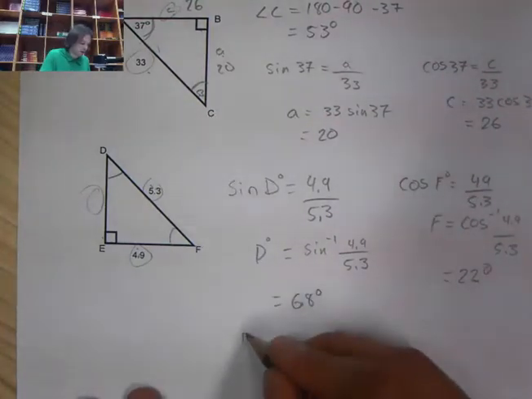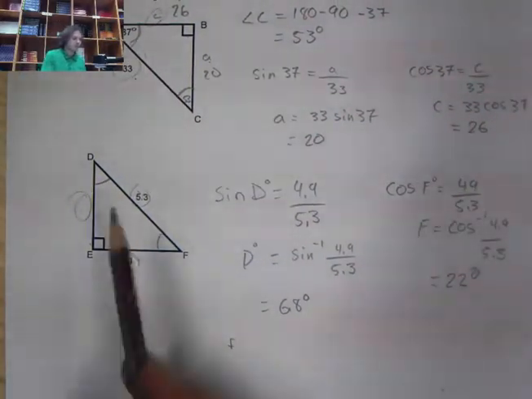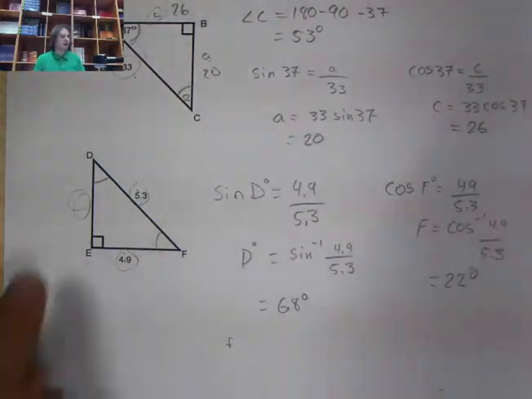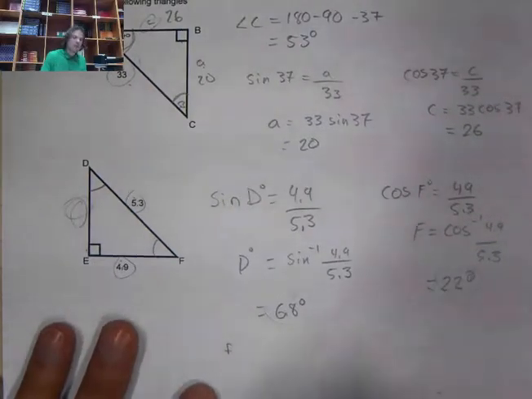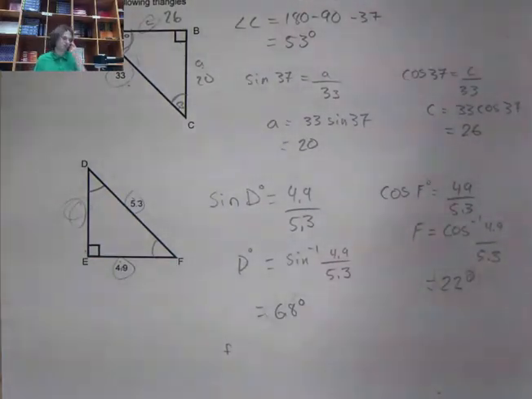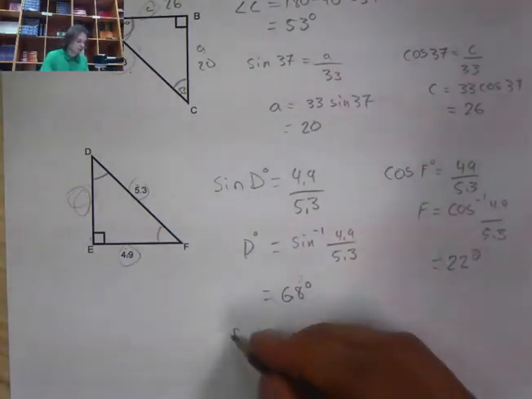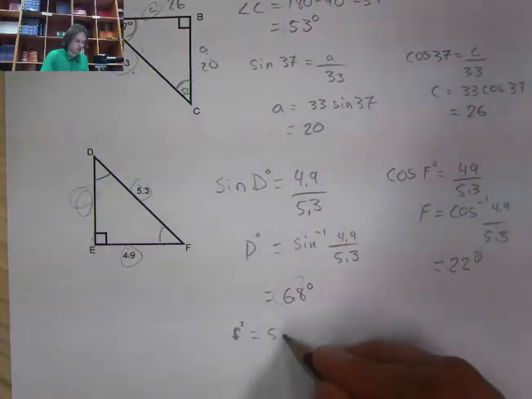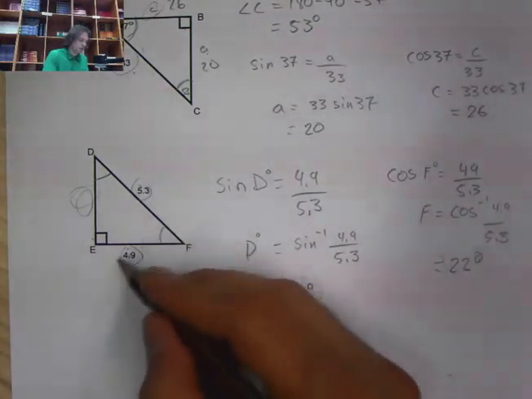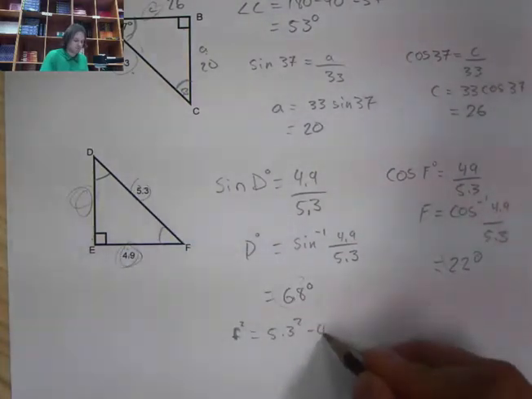Okay? Now my last one I'm going to do here is I want to find my side f, so that little f. So for this third side, I could use either trig identities or Pythagorean theorem. Now since I rounded for these angles, I'm actually going to just use my Pythagorean theorem. Okay? So I'm going to go f squared is equal to hypotenuse squared, 5.3 squared, and I'm going to subtract 4.9 squared.